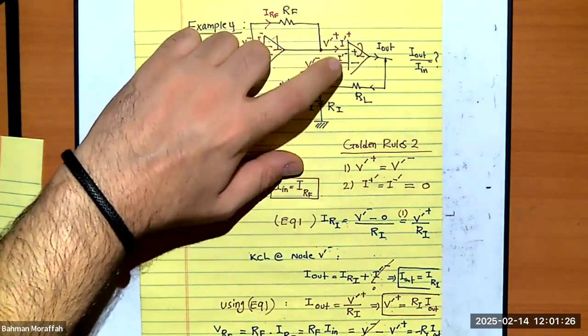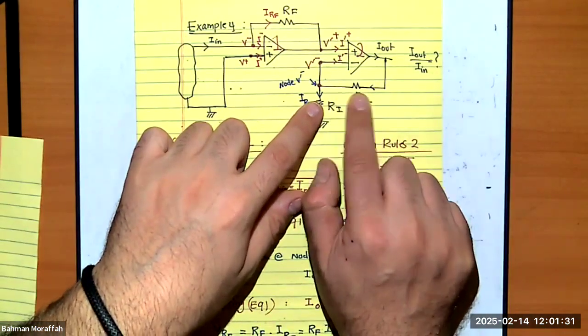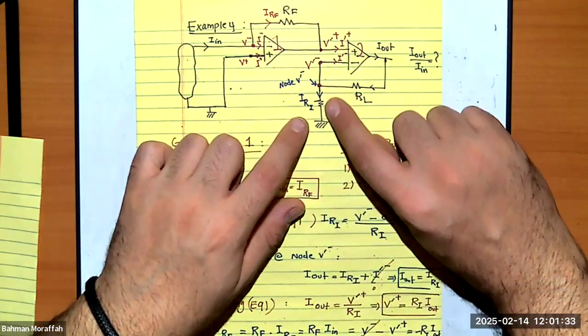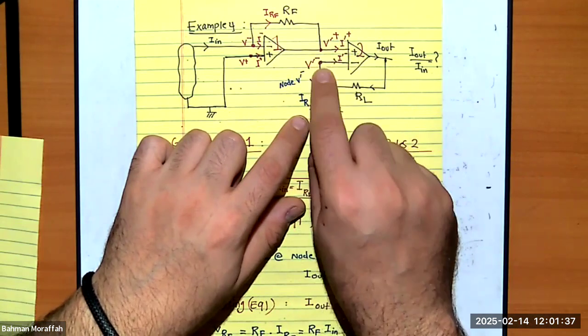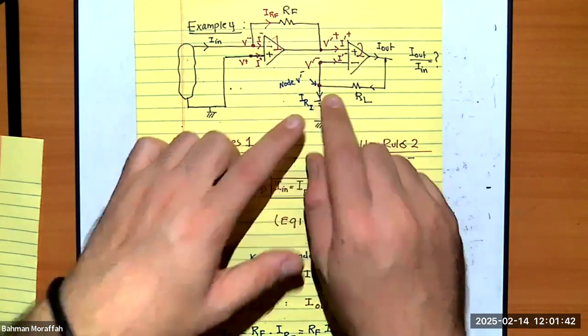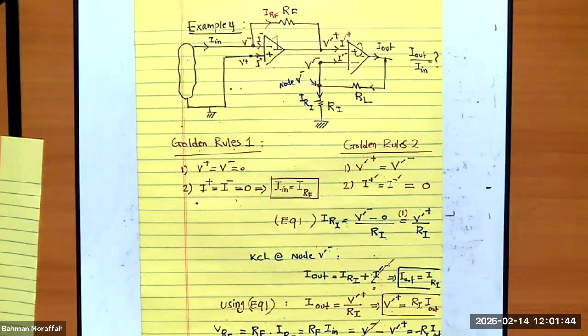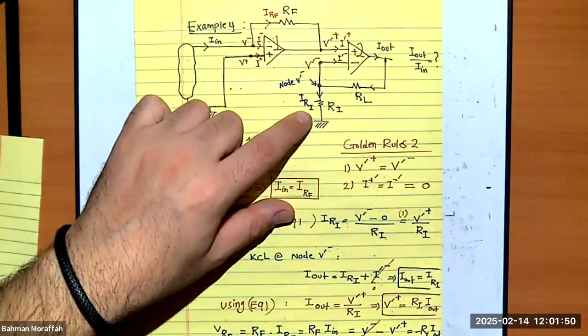Immediately after assuming these two things are 0, what we know is that the current through this RL must be the exact same as current through this Ri, because there is no leakage here. If we cannot immediately see it, we can just write a KCL. So I know current through this is exactly the same as current through this.